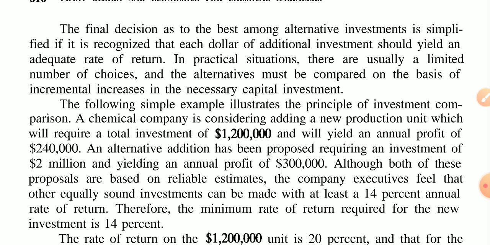Some examples we will see. The following simple example illustrates the principle of investment comparison. A chemical company is considering adding a new production unit which will require a total investment of 1,20,000, or 12 lakh rupees, and will yield an annual profit of 2,40,000.